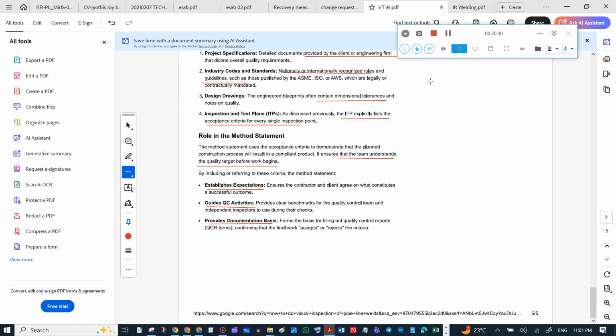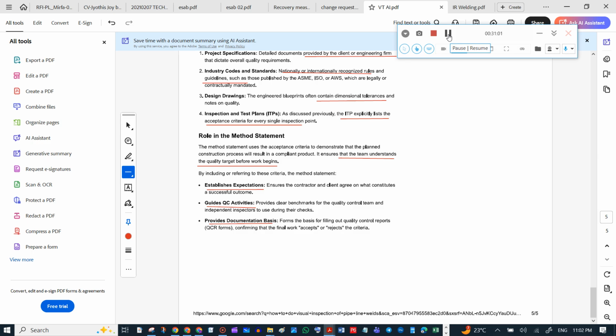So that's about the ITP and QCR form. So the ITP is a plan which has all kinds of acceptance criteria, reference documents, the frequency of testing, who is involved, the inspection points, etc., whereas the QCR form is a record that inspections or tests are conducted as per the ITP.